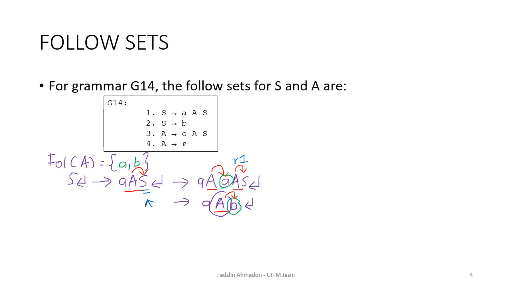Now, for practice purposes, let's derive follow S. For follow S, we begin with the starting non-terminal S. Because S is our starting non-terminal and S is the leftmost symbol here, the end marker also belongs as part of the follow set of S. So we can include the end marker as the first element.